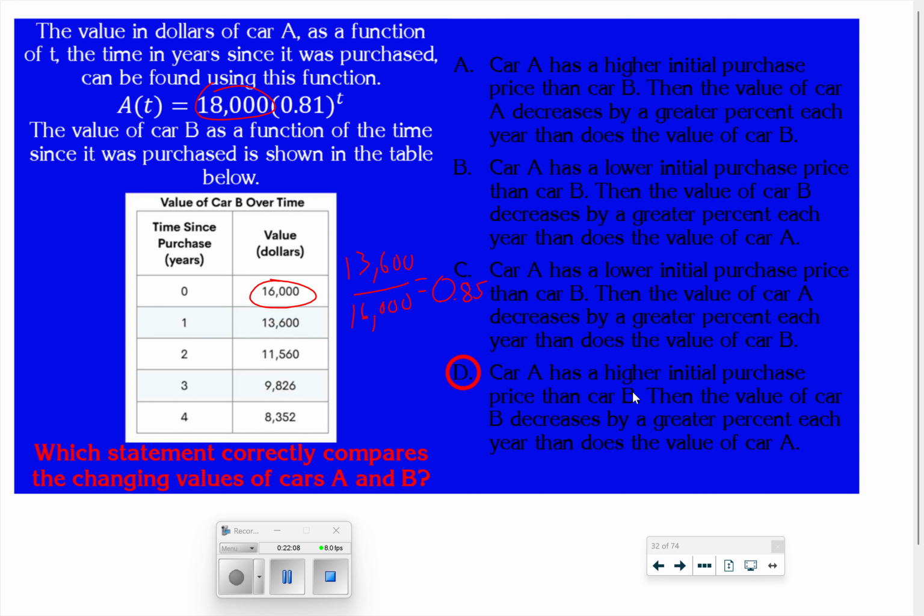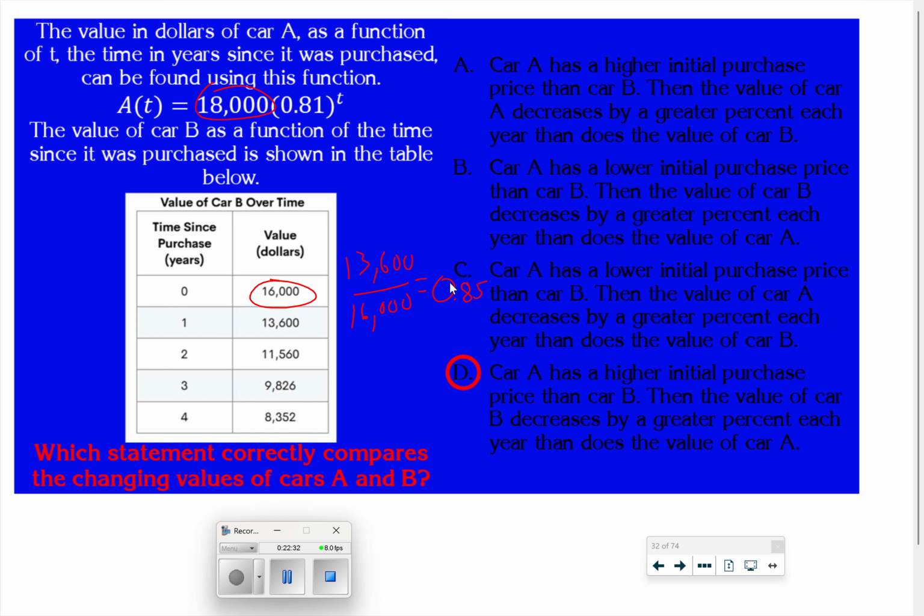Not necessarily looking at the percentage, but I can see that this is going down by 0.81, and this is going down by 0.85. So that's why it's going to be D. Car B decreases with a bigger number here. We're multiplying by a bigger number.